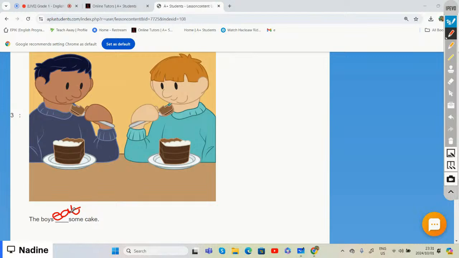We need to say what the person or people or things are doing. So here we can say that the boys are eating, as you can see, they're eating cake.